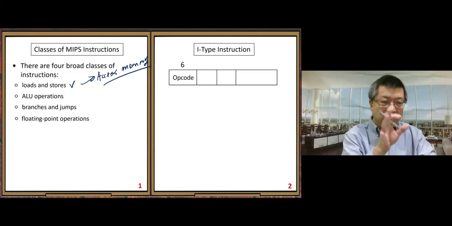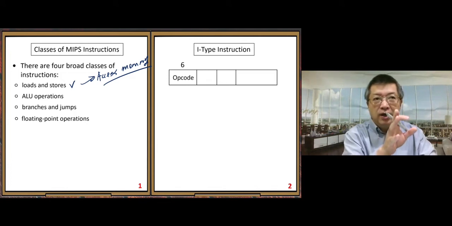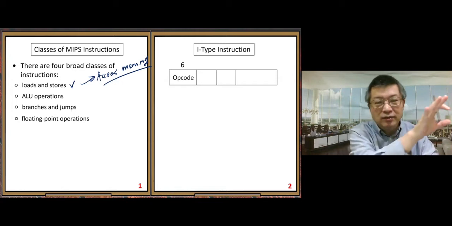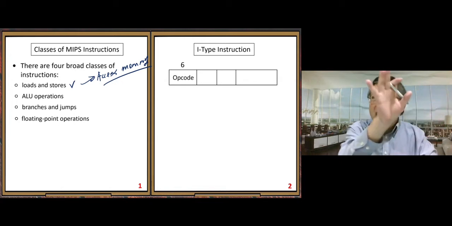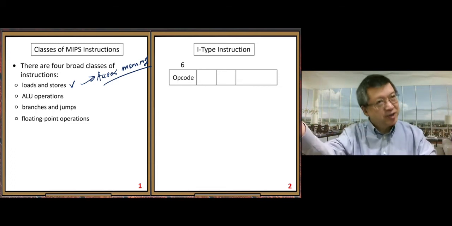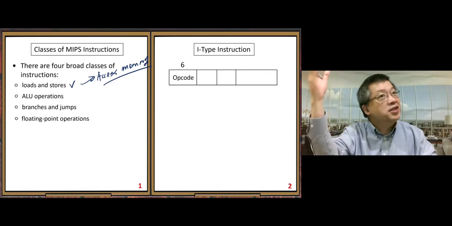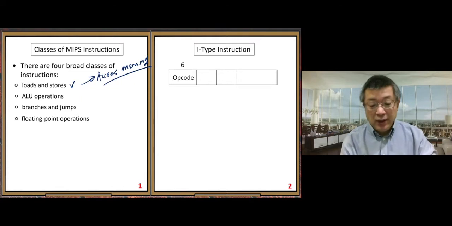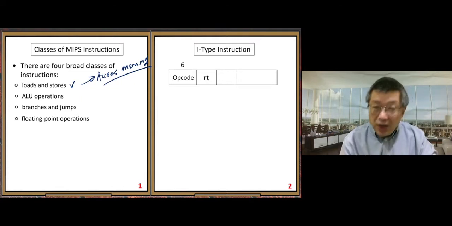The first 6 bits are used for the opcode, the primary opcode. Remember the last video, primary opcode. Next time, we will see the secondary operations. The second field is RT.